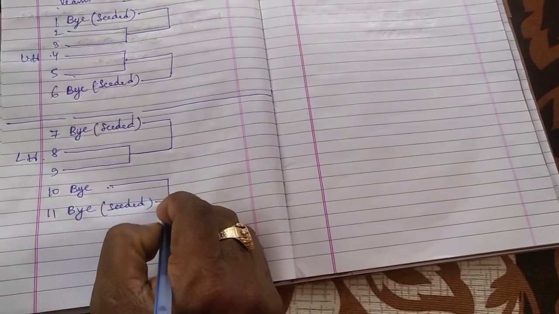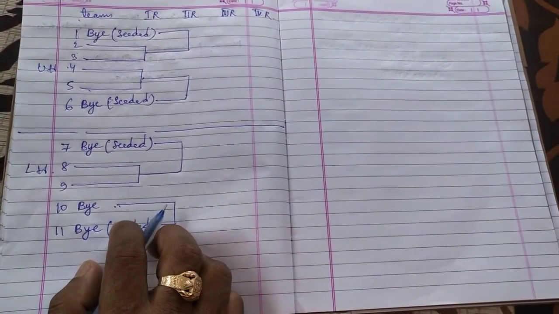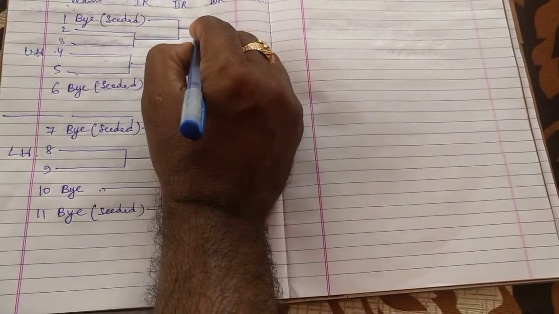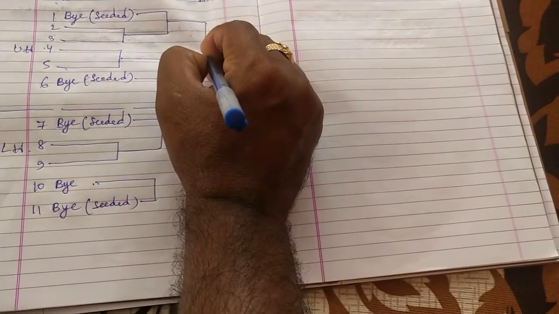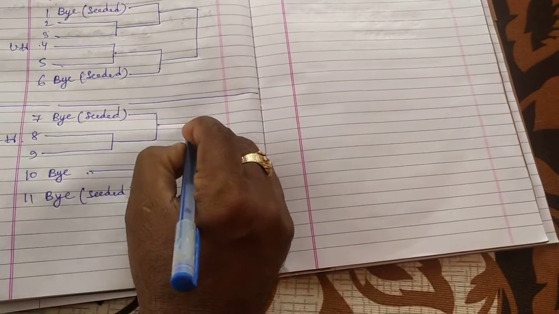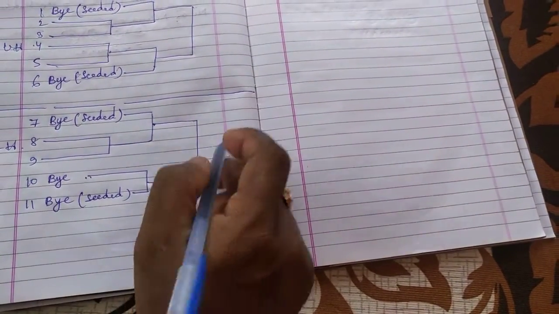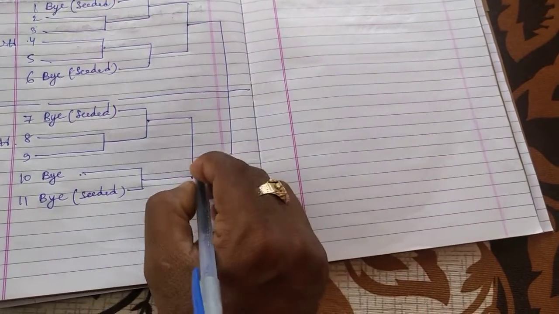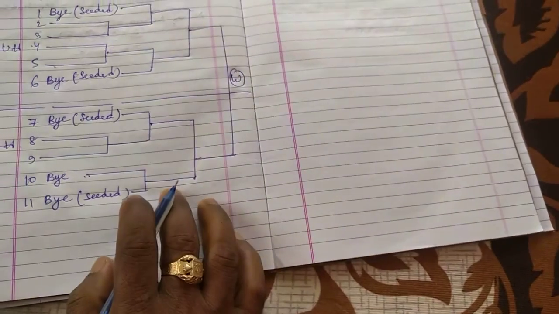Here the bye with the seeded bye. Now third round, the winner of this team versus the winner of this. Here also in the lower half it is the same. Now the fourth round is the last round, and here is the winner.